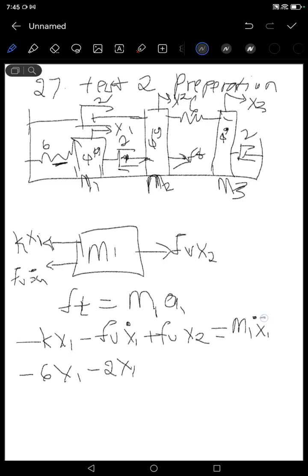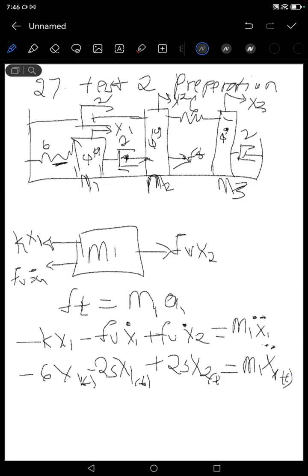Okay, plus, remember fv is 2 for the damper, and for the damper, because it's velocity, we have the s here. So it's 2s x1, 2s x2, equals M1 x1 dot. Remember here it's x1 of t, x2 of t, and then x1 of t.